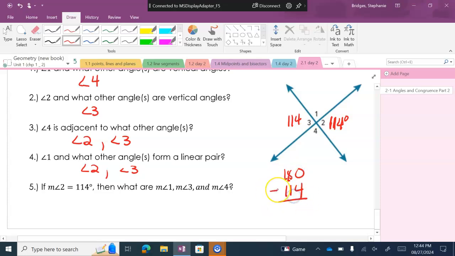If I subtract 114 from 180, what do I get? 66? Is that right? It can't be 86 because it's 114. It should be 66. If you do 180 minus 114, that should give you 66.